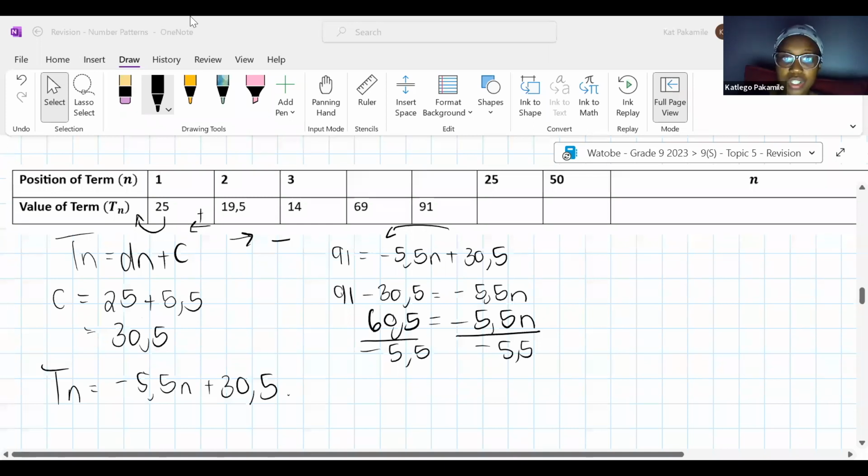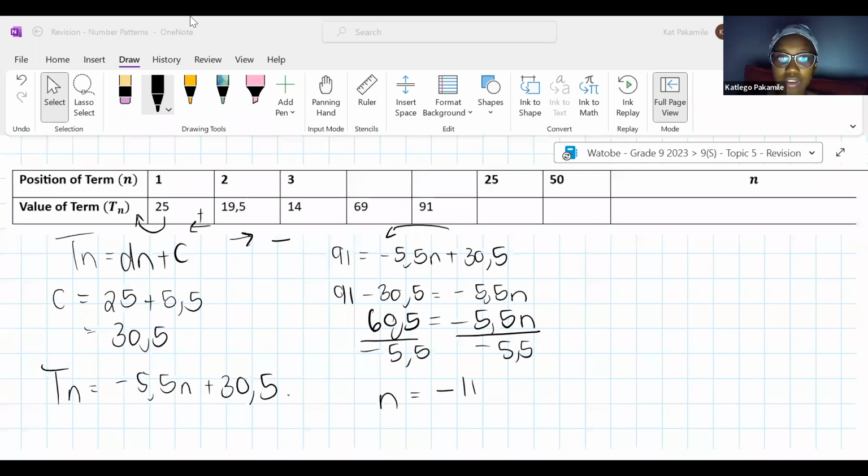Okay, guys, position cannot be negative, obviously. Thank you very much for helping me, Inga. Yes, ma'am. But we have realized that there is a mistake with this number pattern, guys, because position cannot be negative. So now I have to figure out where my mistake is.